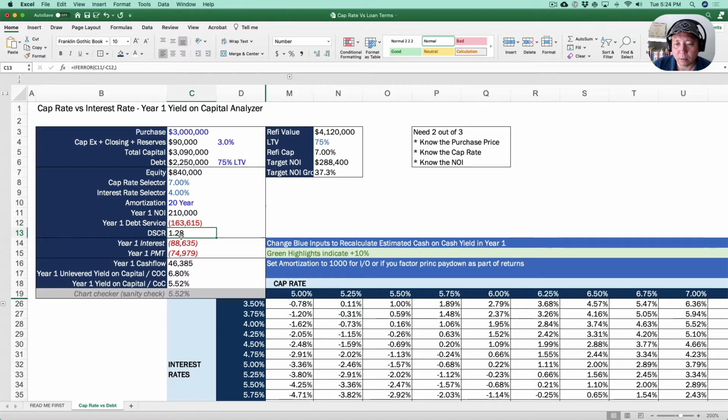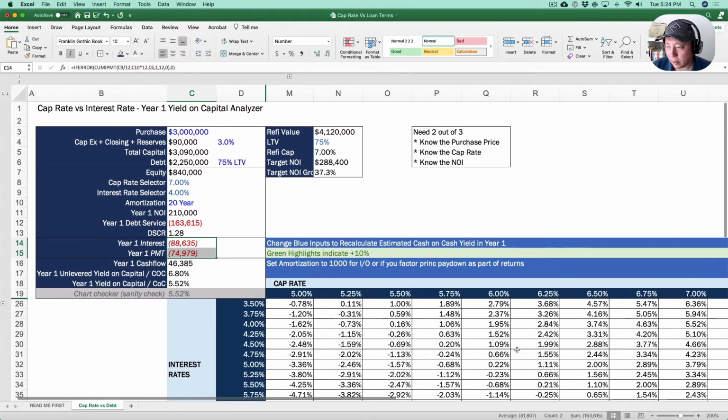We have a debt service coverage ratio of 1.28. Usually banks want to see around 1.2 or above in order for them to be comfortable lending on the deal, so that passes the first metric. And we see a breakdown here of your debt service. Your debt service for year one is going to be about $88,000 in interest payments and about $74,979 in principal paydown.